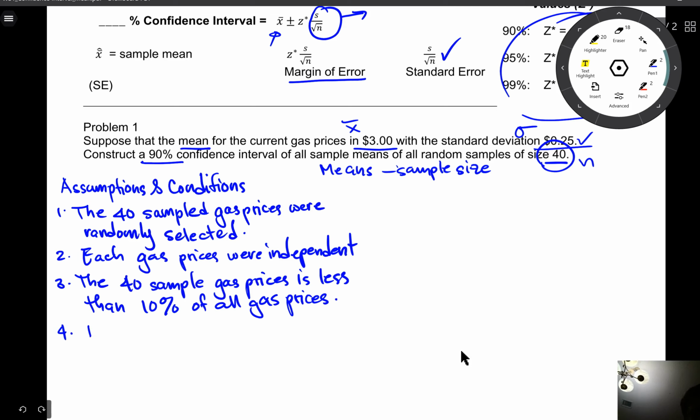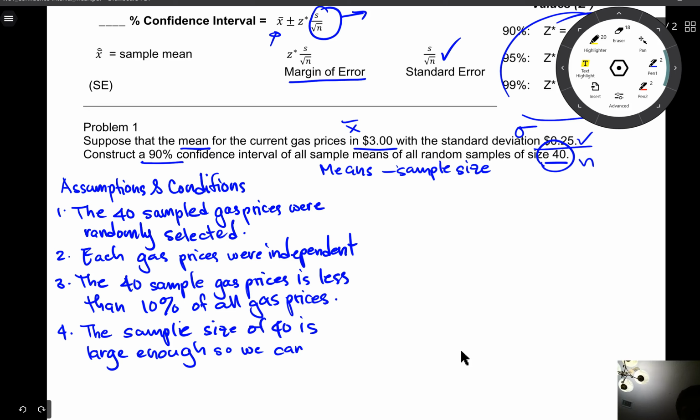Okay, just say that in the concluding A and C statement.